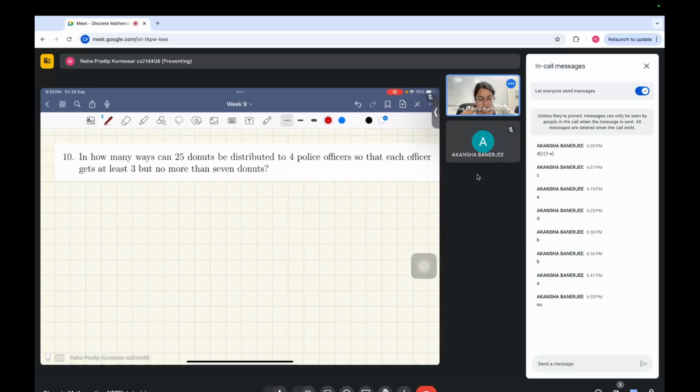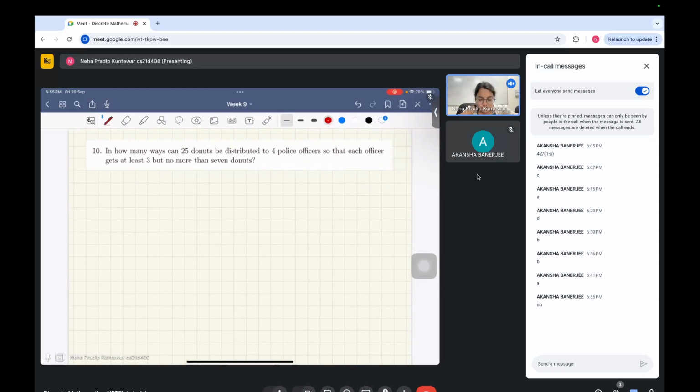So you have 4 police officers here, and you have 25 donuts that you want to distribute to them. And the condition is that each of them gets at least 3 donuts, but none of them can get more than 7 donuts.